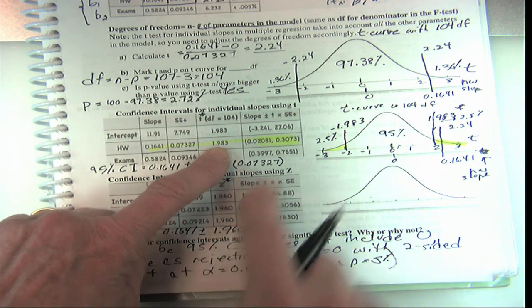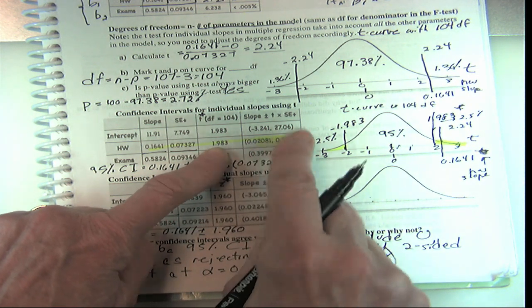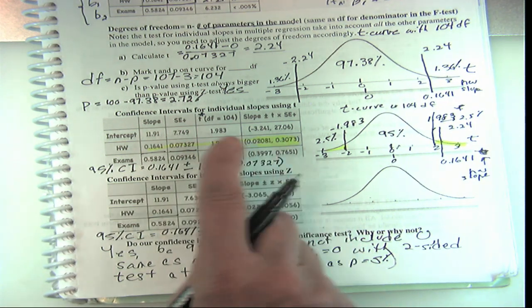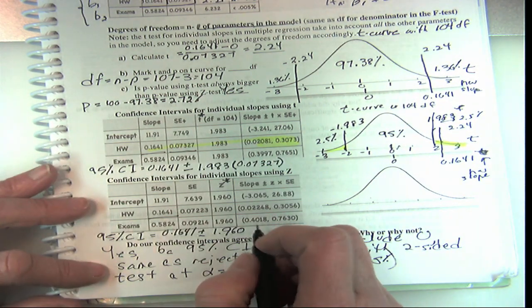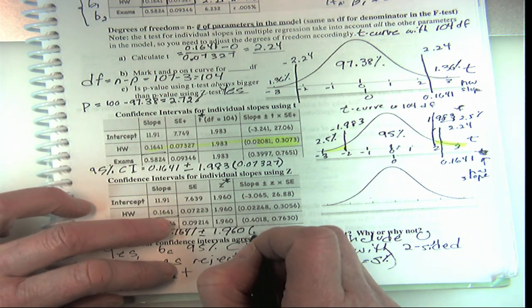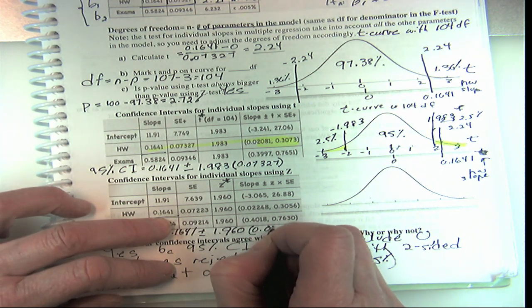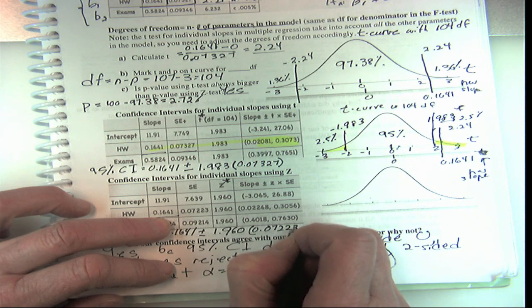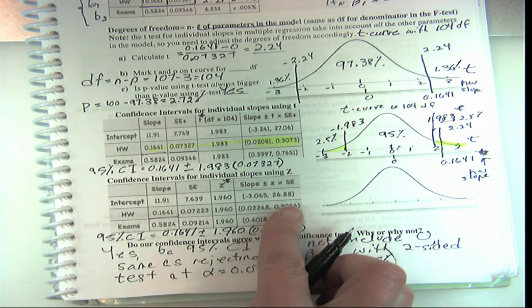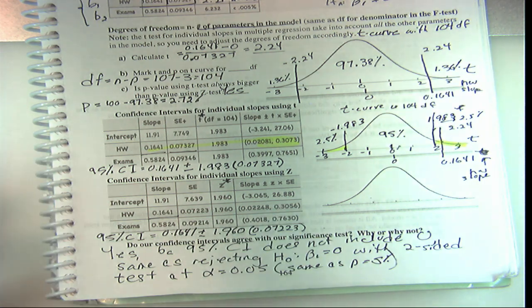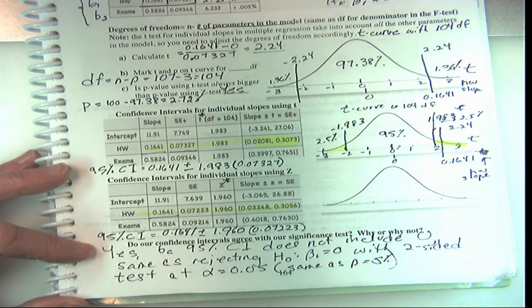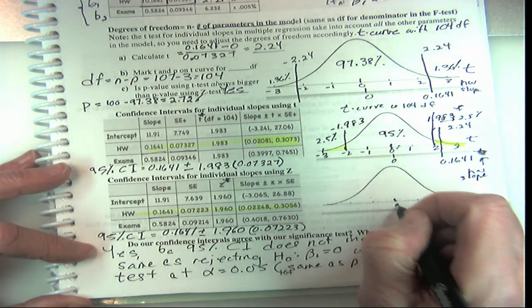The t is always wider. We always get wider confidence intervals, more uncertainty with the t. 1.96 times our standard error, which is slightly smaller too. So our confidence interval is slightly narrower. And this is it. So we can draw this one. This is easy. This is the z that we're familiar with.